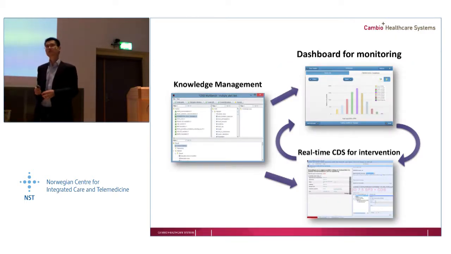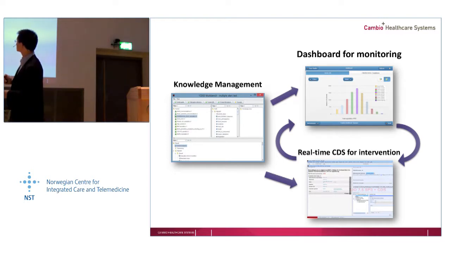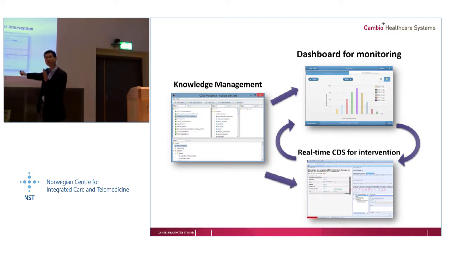So to summarize, I hope I still have time to summarize this. What we want to achieve here is that we start with the computerization of narrative guidelines with documents, templates, and rules, and in the future, order sets and process. Then we can disseminate quickly, we can measure, we can quantify the situation and the reality. When we identify a problem, we can pinpoint certain weaknesses in the process, or we can provide intervention.